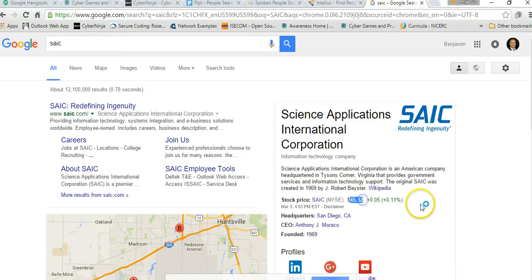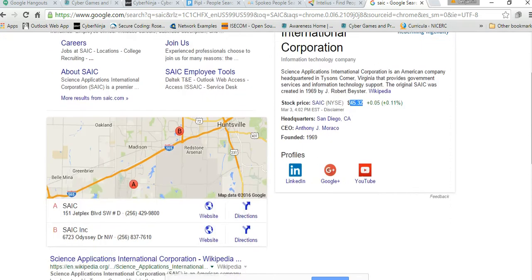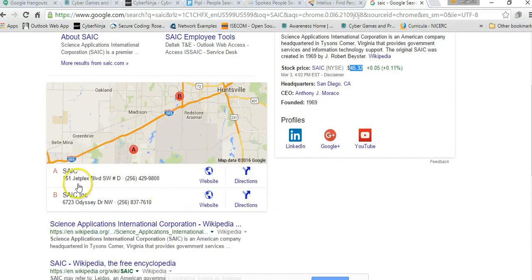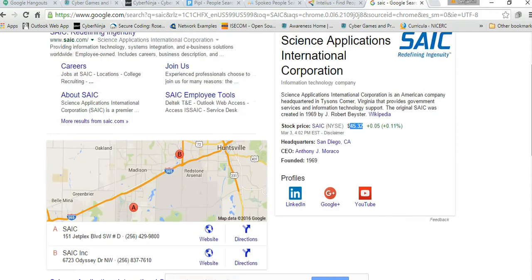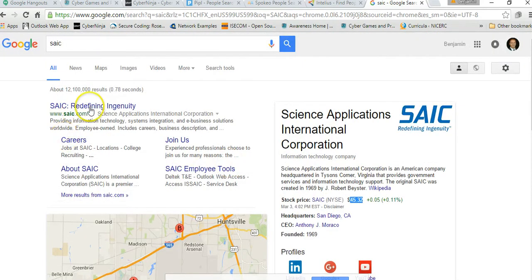They're trading at $45.32 a piece. They have different addresses. You can see there's some background with Wikipedia, but really up here is what we're interested in.